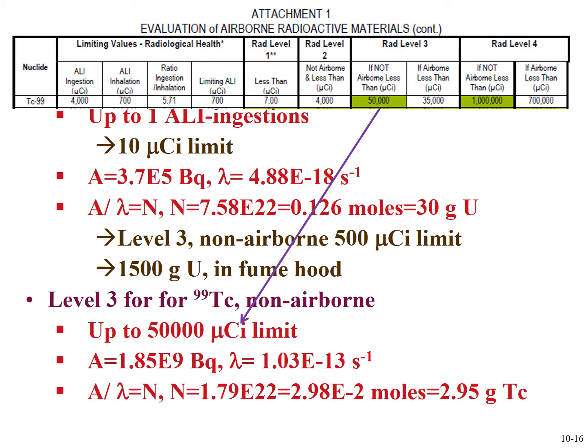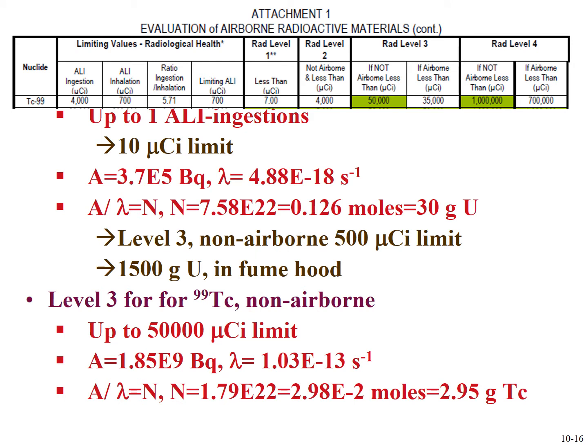So technetium hits that limit. One of the reasons that the ALI limit is so high is also coupled with the biological behavior of technetium. Pertechnetate ingested is readily passed, which is one reason that it's used in radiopharmaceuticals. So we can see that we have a value of 50,000 microcuries.